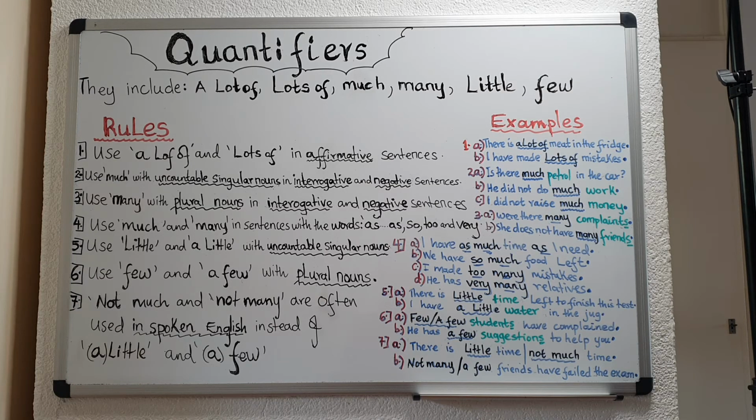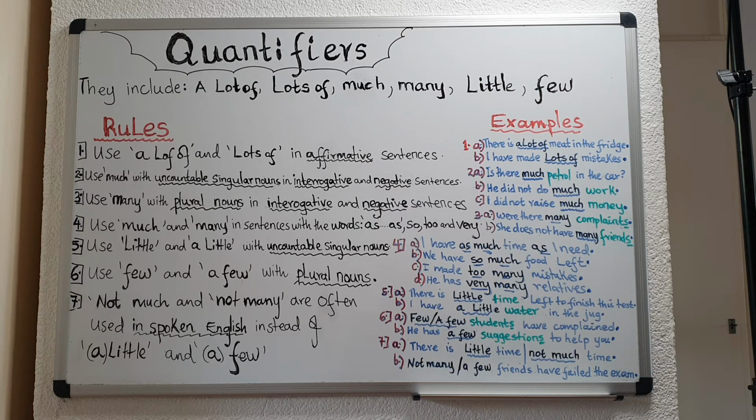That's why we have an S at the end of friend. And in the previous example, 3a, we have an S after complaints. So the nouns there, complaints and friends, are both in the plural form, because we are talking about many complaints and many friends.